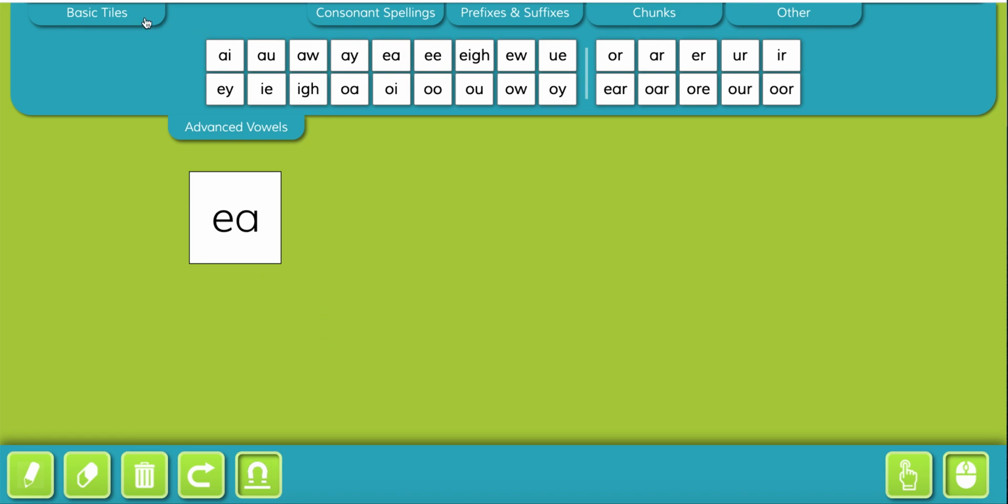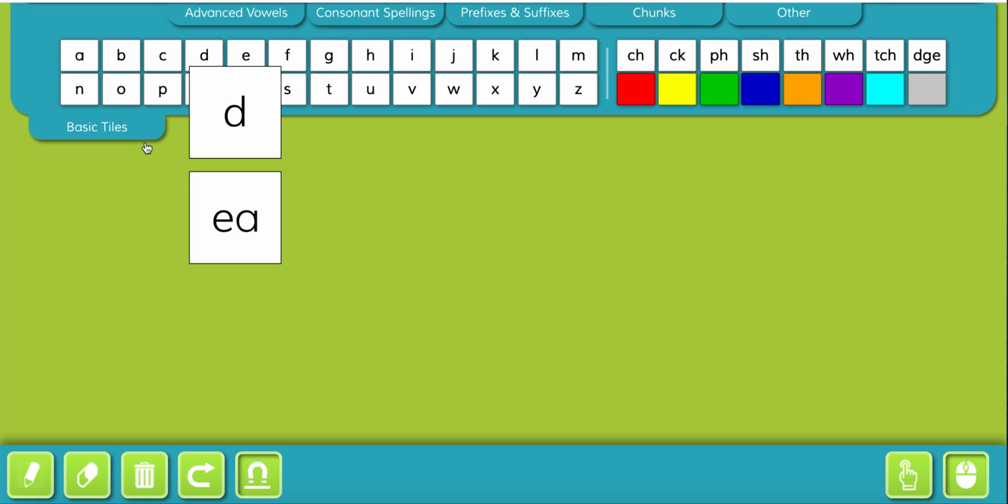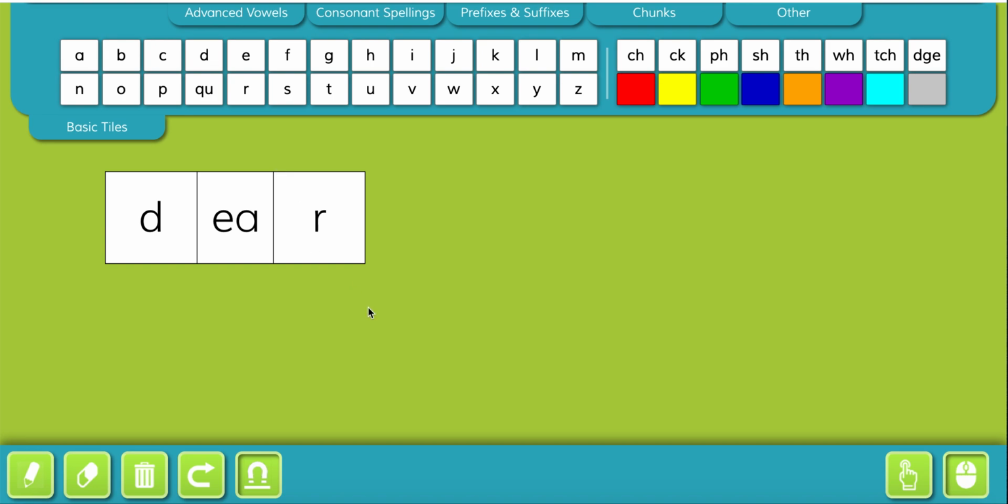So I'm going to put some letters in front and we will build these words. Dear, and this is dear as in like dear Santa. Not the animal. The animal is spelled with a different vowel combination. Can you take a guess what that combination is? If you said EE, you are right.